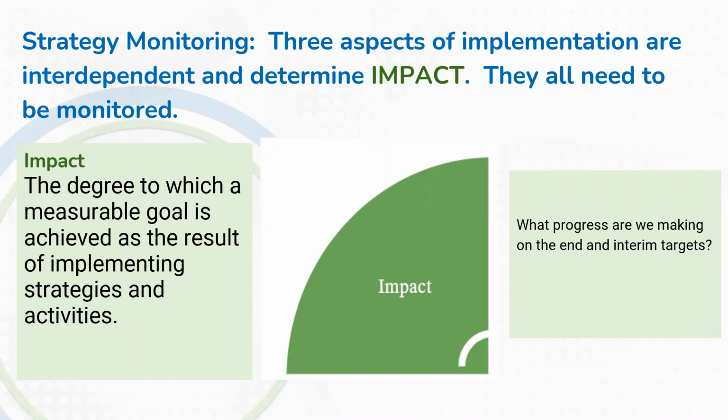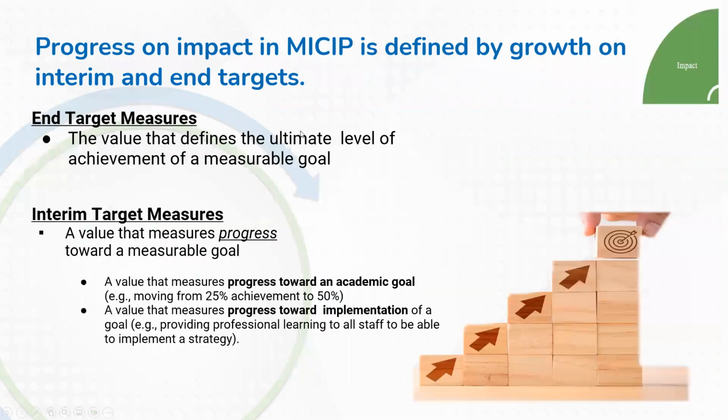The final monitoring component is impact, and it's primarily defined by progress on end and interim targets. The type of goal a plan includes will determine the type of end and interim targets. As we have been saying, all 3 aspects of implementation help determine impact.